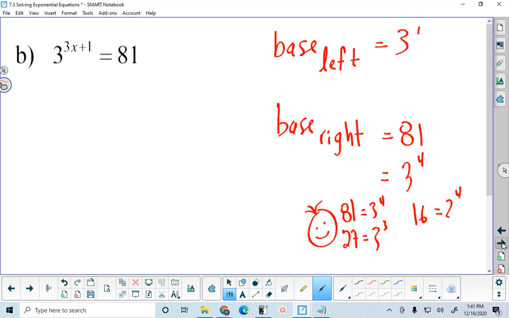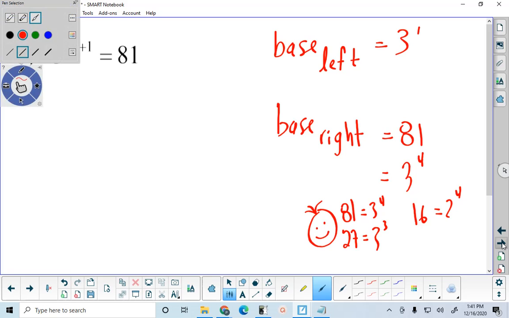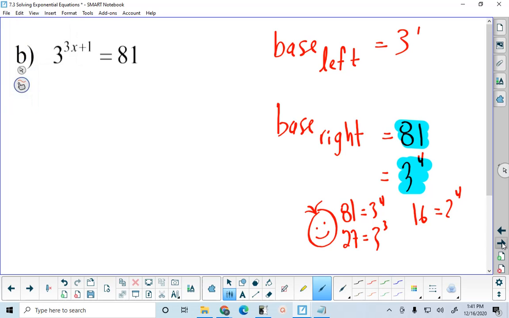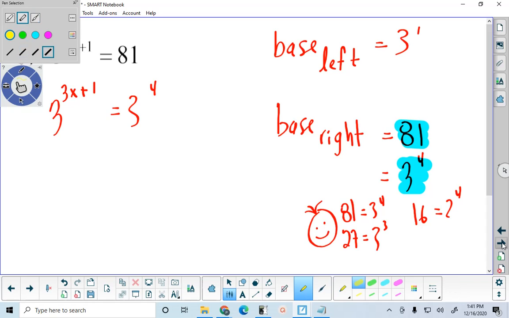Bottom line here is, since 81 is 3 to the 4, we can rewrite this equation as 3 to the 3x plus 1 equals 3 to the 4. And now we use that reasoning that I talked about in A. If the bases are both 3, then the exponents must be equal as well.